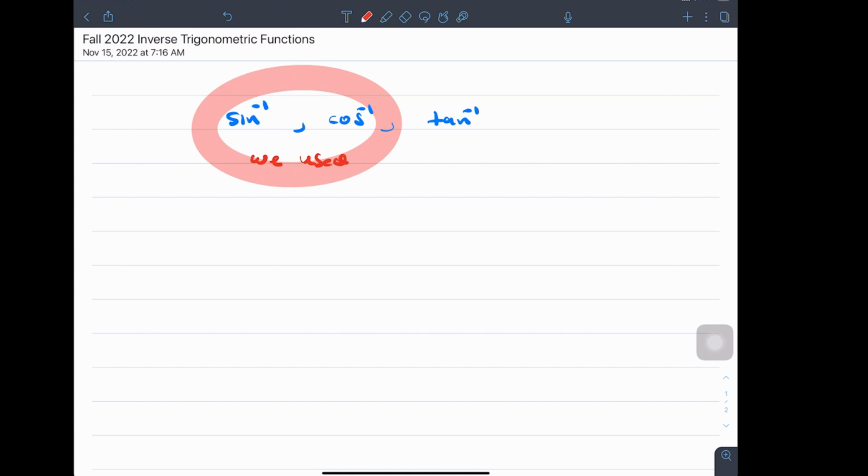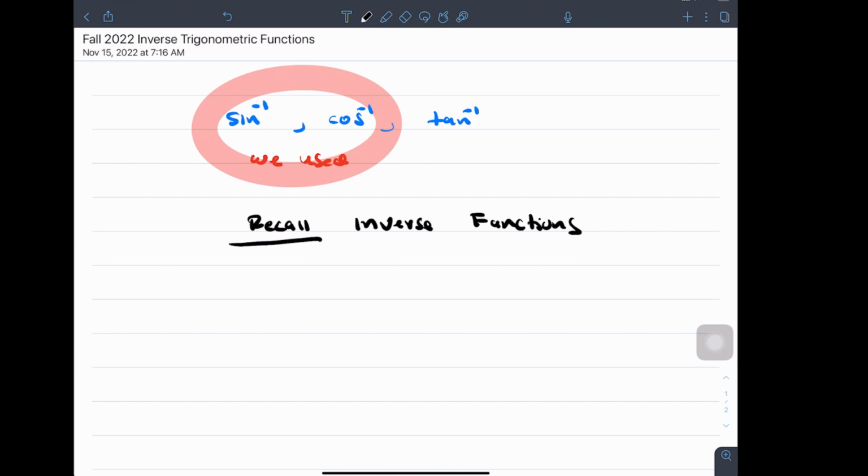Now, let me recall something here, because this is an important detail. What do you guys know about inverse functions? These are things you talk about in Math 125, intermediate algebra, and in pre-calculus. What do you think? Anybody?